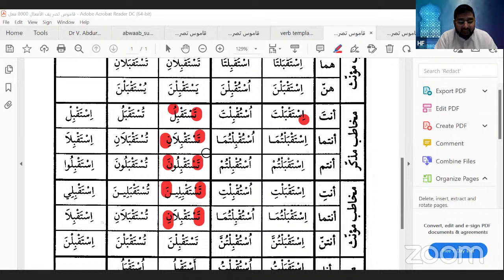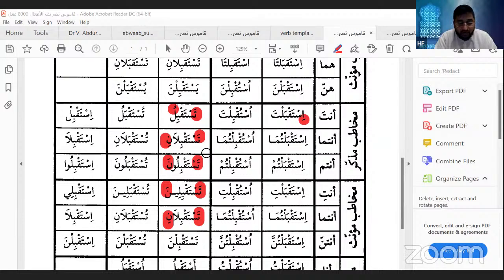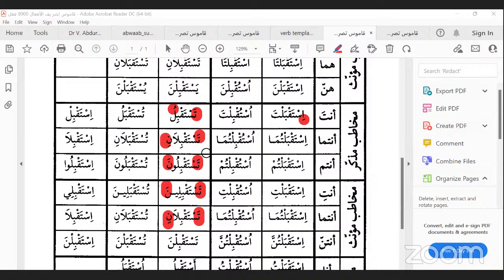Istadhara, yastadhiru means to demonstrate, to show, to expose. That's a better word, expose. So istadhara, yastadhiru.